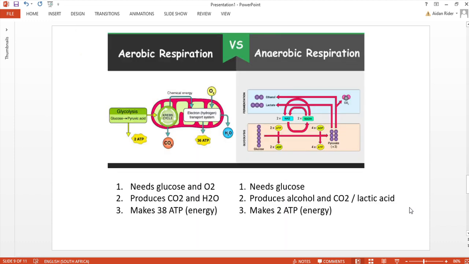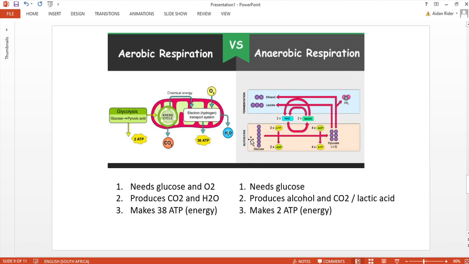Okay, so then it's important to know the difference between your aerobic respiration and anaerobic respiration. So what's being produced, what is needed, and so on. So first of all, aerobic respiration needs oxygen. You need oxygen and glucose. So oxygen should come in and glucose is needed for it to start. But with anaerobic respiration, only glucose is needed.